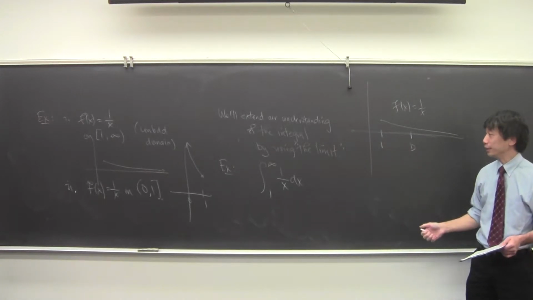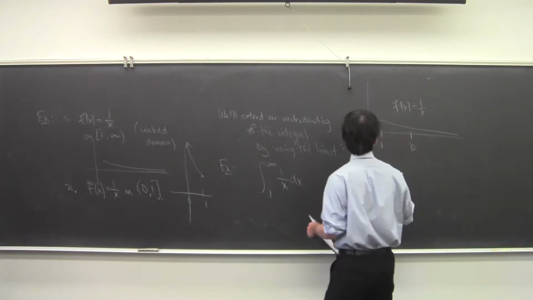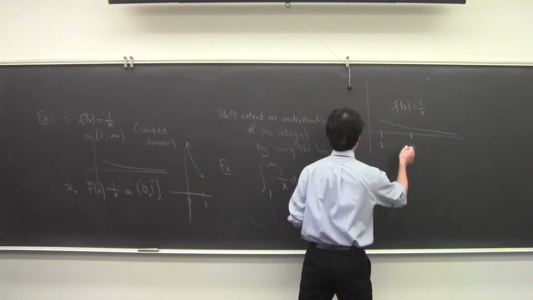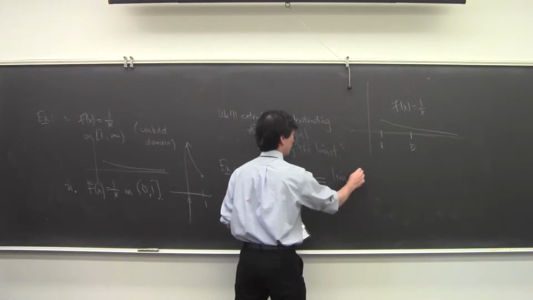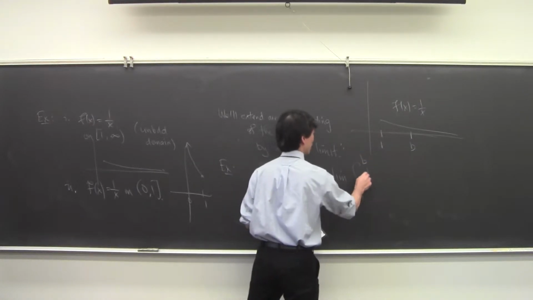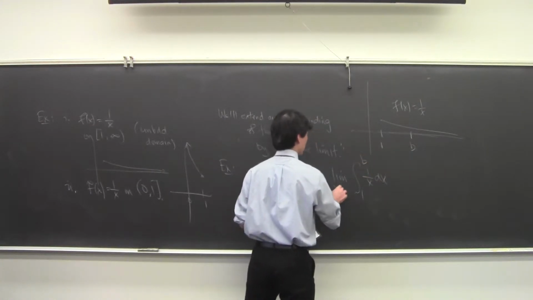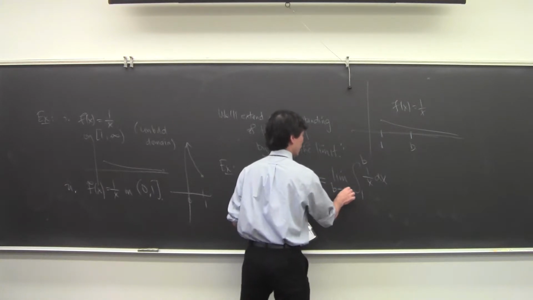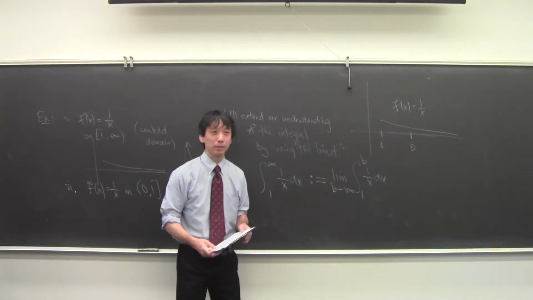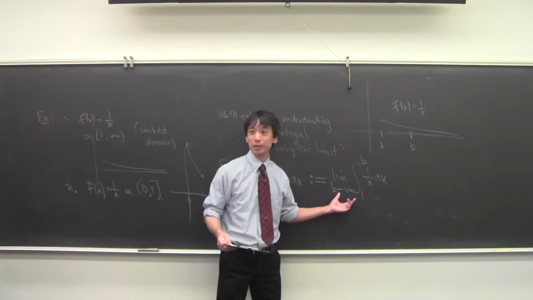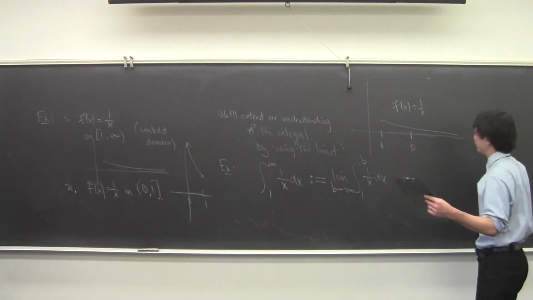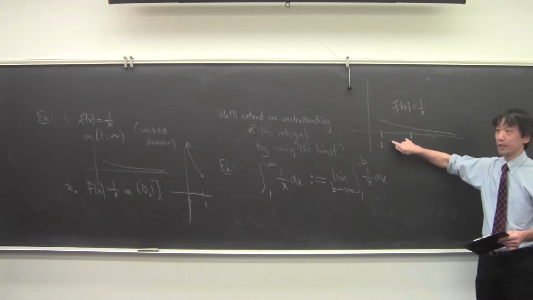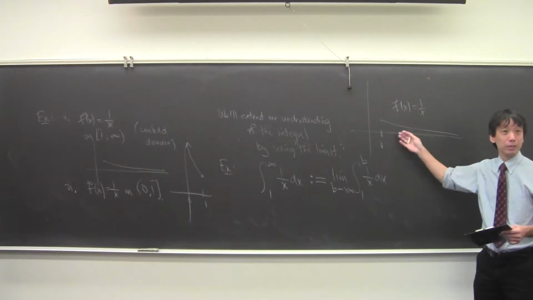So let's call this thing the limit of the integral from 1 to b of 1 over x as b goes to infinity. That's kind of an obvious thing to do. We can't take the integral from 1 to infinity, but we know how to take it from 1 to b, and then let b tend towards infinity.